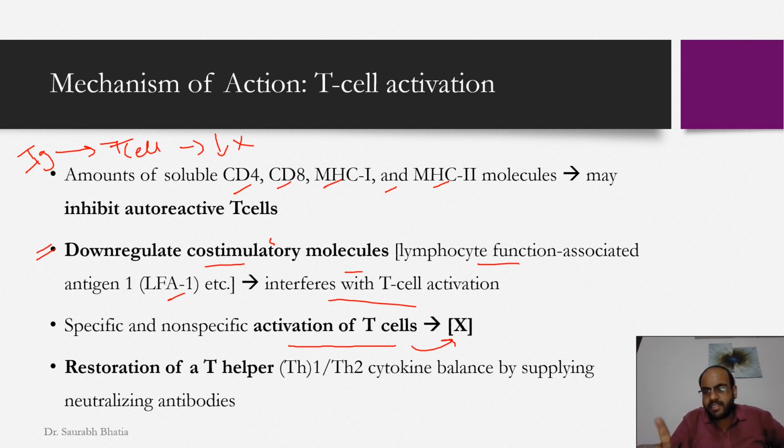If it's non-specific activation, it will lead to destruction of T cells. Clear? And restoration of T helper cells. As we have already discussed before, the T helper cells are inhibitory in nature, and under the action of IVIg, they work much more properly and decrease the overall inflammation. Clear?